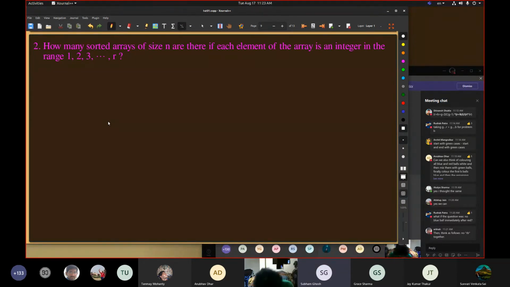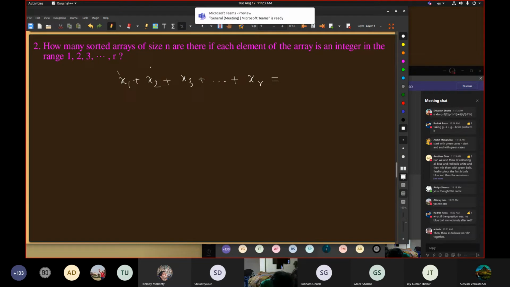The solution of x1 plus x2 plus so on up to xr equal to n, the number of solutions. Here x1 is the number of ones, they will appear first, then x2 number of twos, x3, and so on.